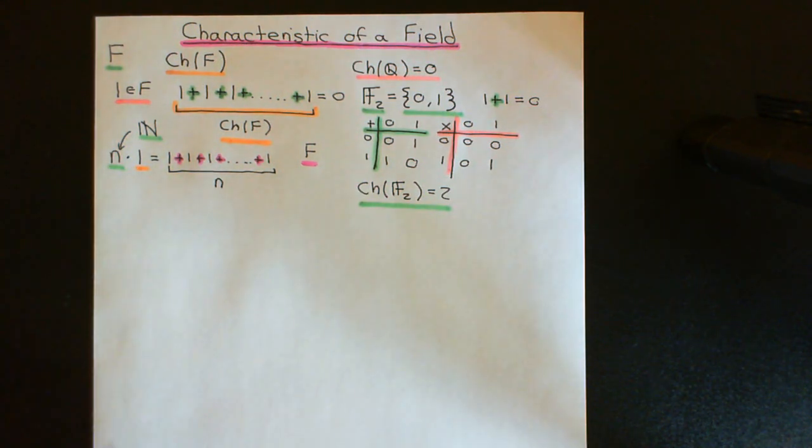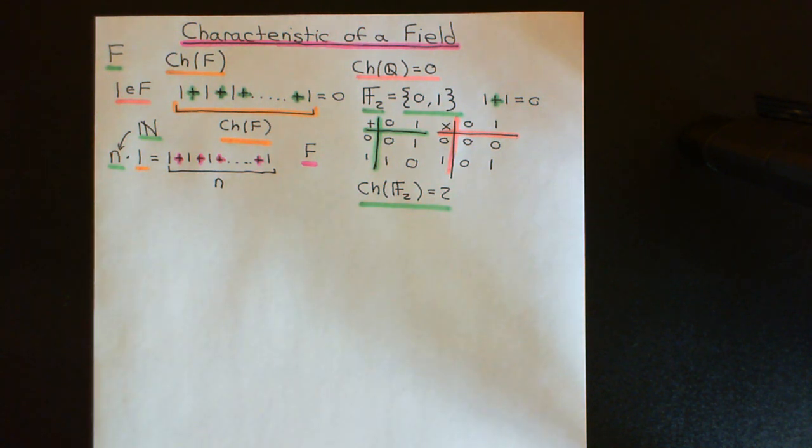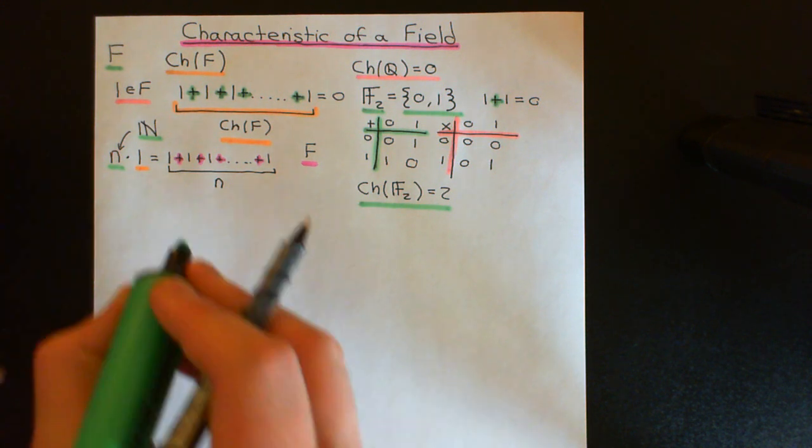And that makes sense because n is just a natural number, it's a counting number, so we're just using it here to count the number of ones that we are adding together in the more general algebraic structure, this field here. So we're using the fact that the natural numbers is the algebraic structure that represents counting here.